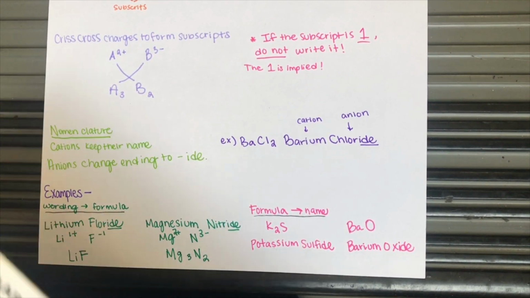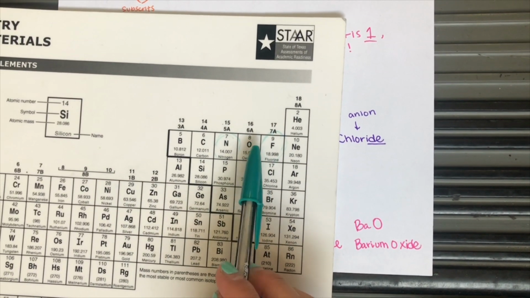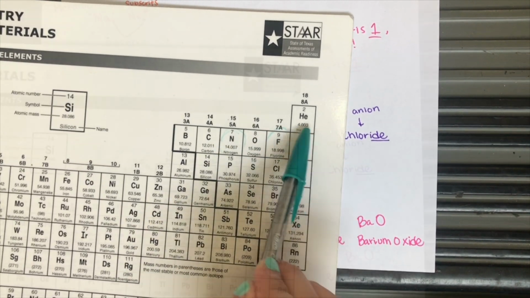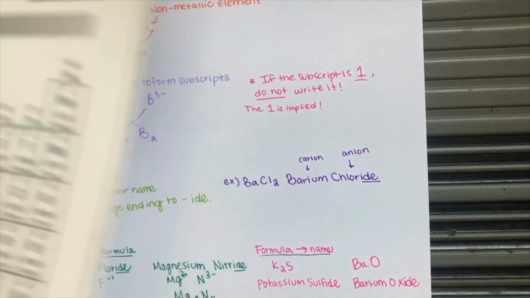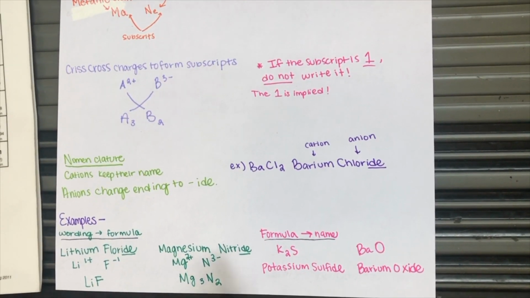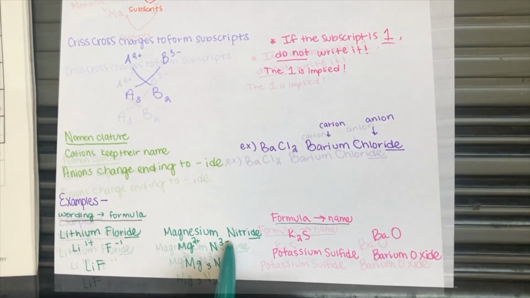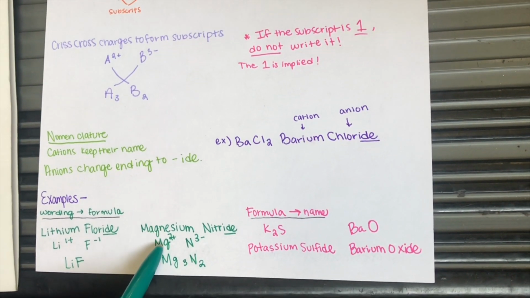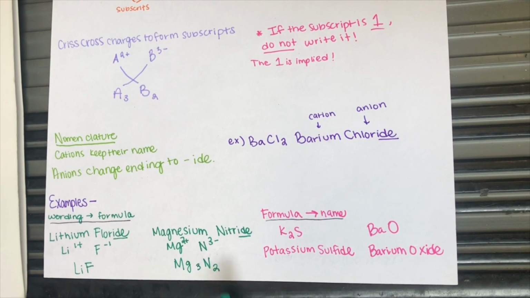Nitrogen is located in group 5A, and it will steal 1, 2, 3 valence electrons to get to 8 valence electrons, and that's why nitrogen is 3 negative, which when the charges are changed or crisscrossed, the subscript becomes 2.